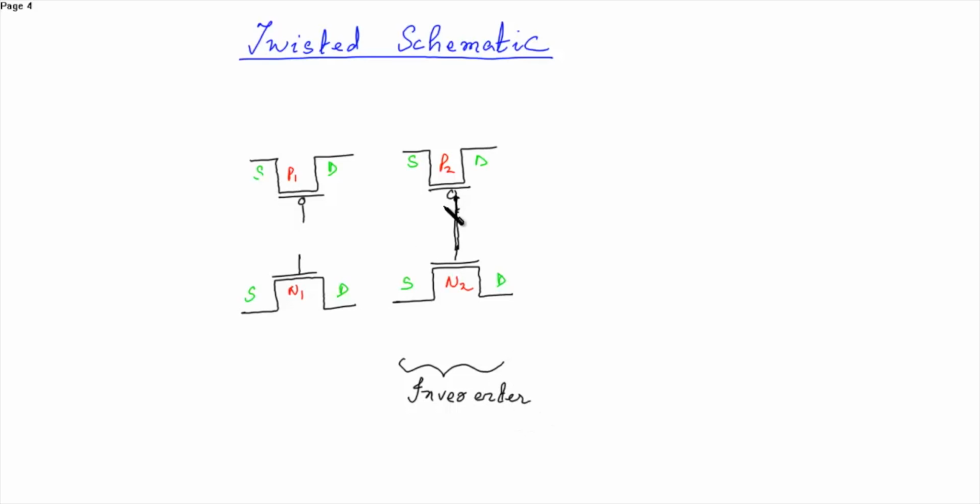So these two gates are shorted. This is connected to VDD. The source is connected to ground. And the two drains are shorted. So if the input is select, then the output obtained will be select bar.